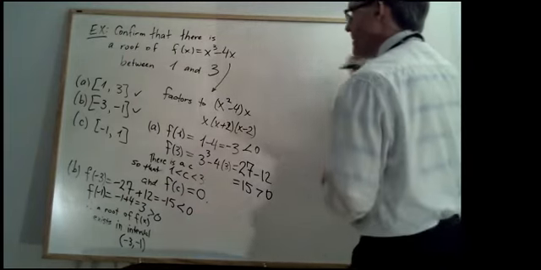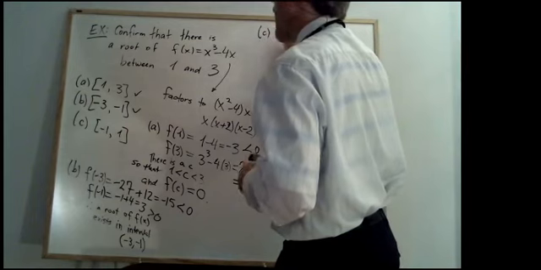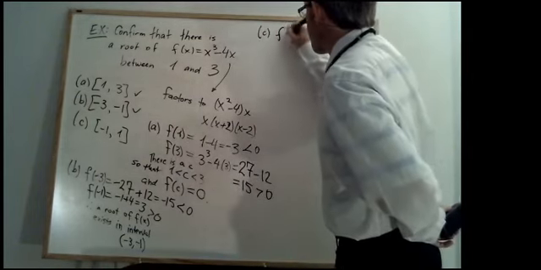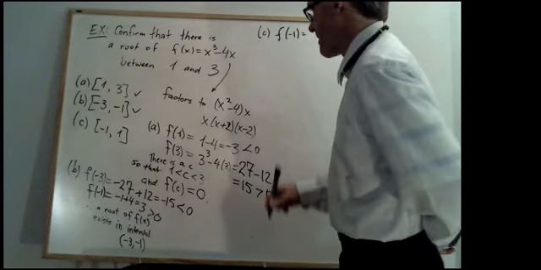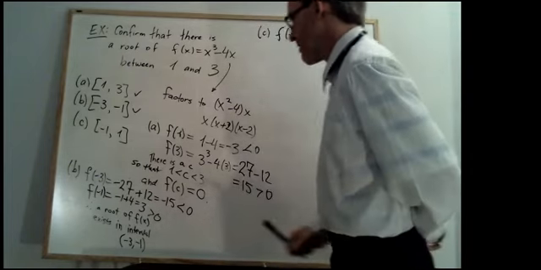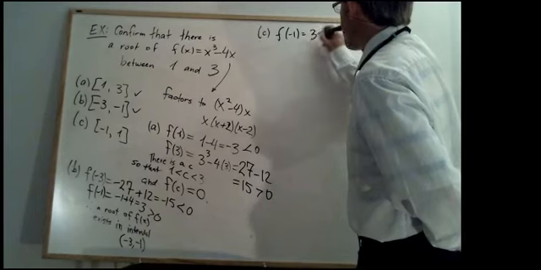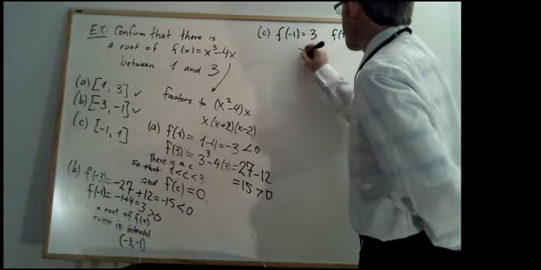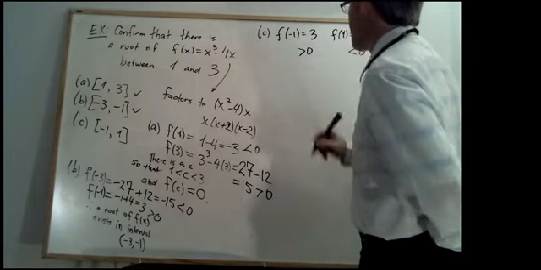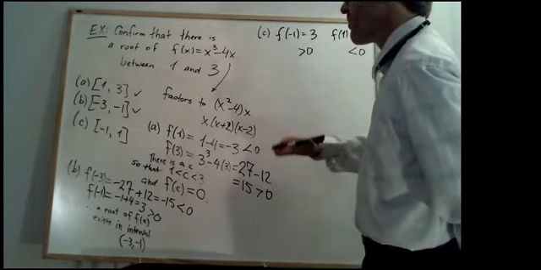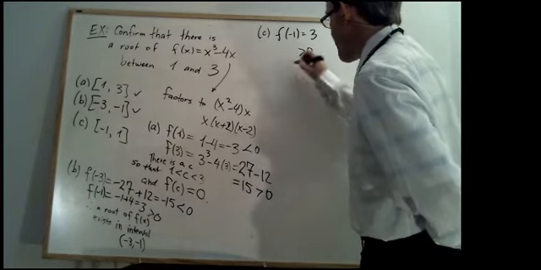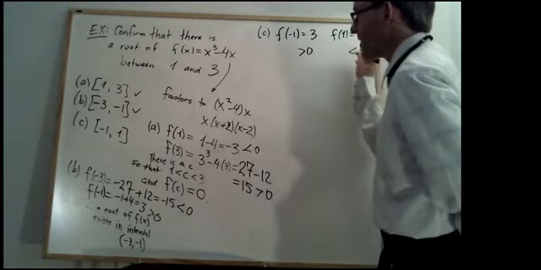And finally, the third one, we already have the values for f of minus 1. That's going to be plus 3, and f of 1 is minus 3. So again, this is greater than 0, and this is less than 0. As long as there's a change in sign from one side to the other, it doesn't matter if it's going from negative to positive or positive to negative. This will be the latter case.